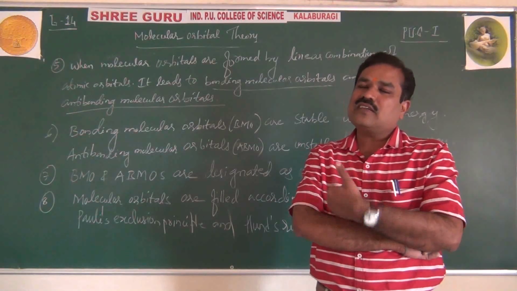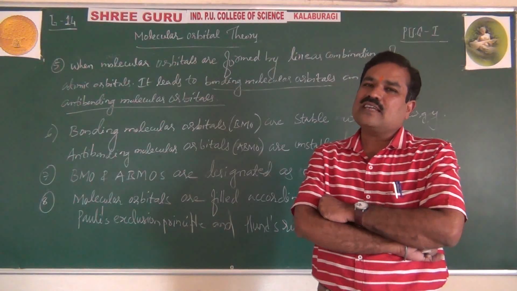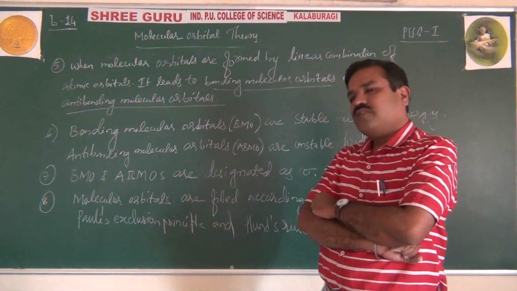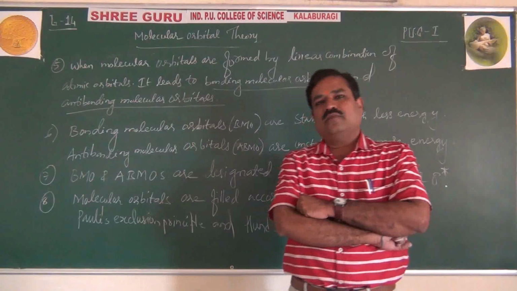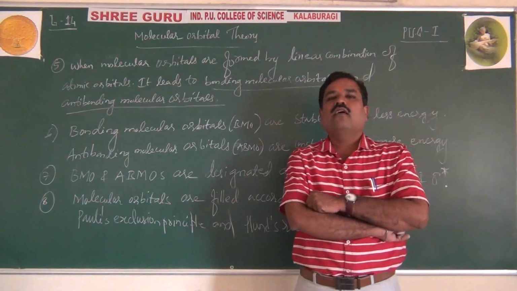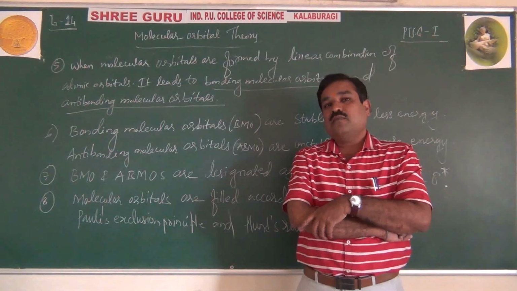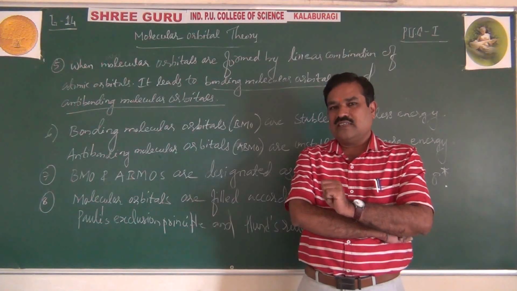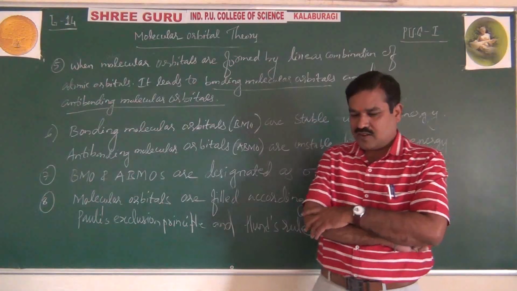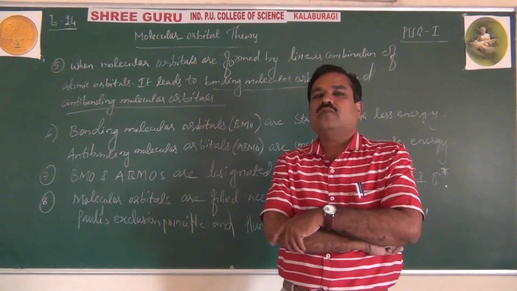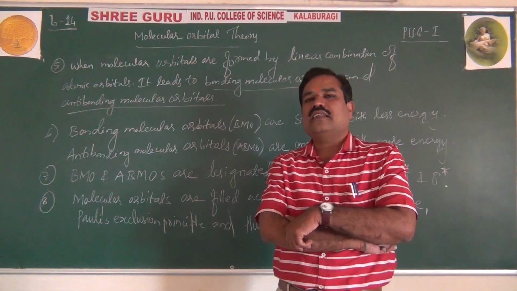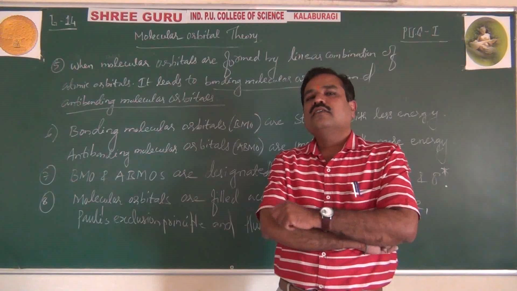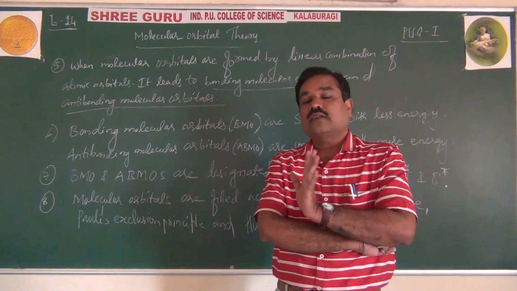And they occupy singly first, then pairing starts. Molecular orbitals having same energy are also called degenerate molecular orbitals. In degenerate molecular orbitals, electrons start pairing only after all the orbitals are singly occupied.